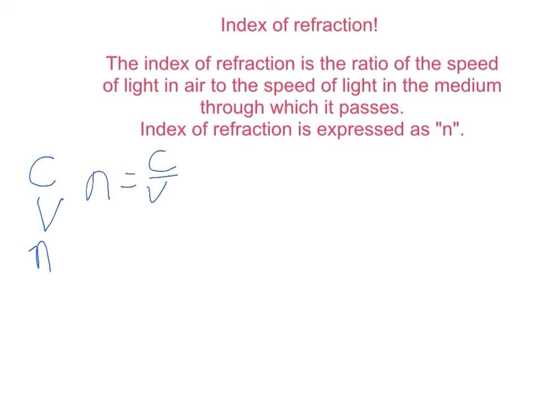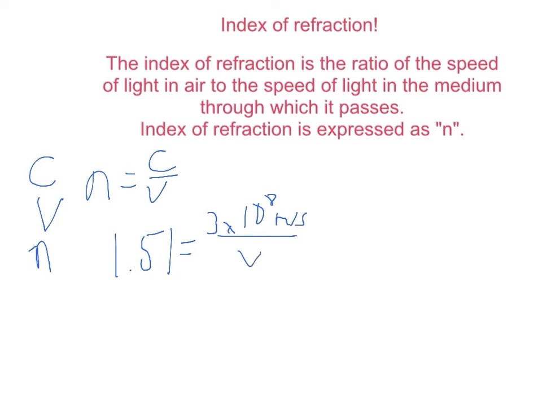Now, if you're trying to find the speed of light in a medium through which it passes, in this case we're doing lucite, it would be n, which is 1.51 in lucite, equals c, the speed of light, which is 3 times 10 to the 8th meters per second, over v, which is what we're trying to figure out.